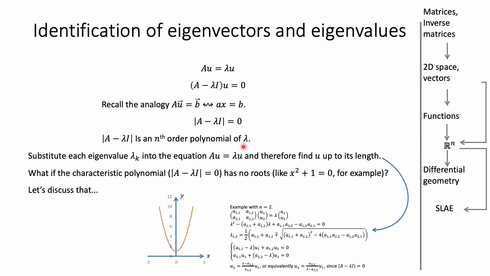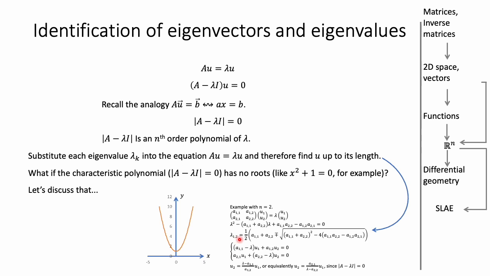And then for each of them, let's say lambda sub k, each of these numbers we can substitute in the original equation and find u. Well, in case of a simple two-dimensional case, if we know one of the lambdas, and we don't know u, but we know the components of the matrix A, obviously, we substitute it here.